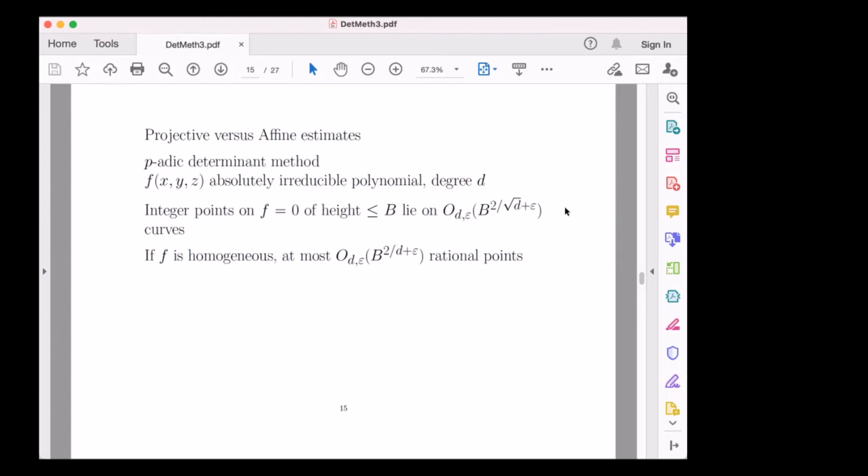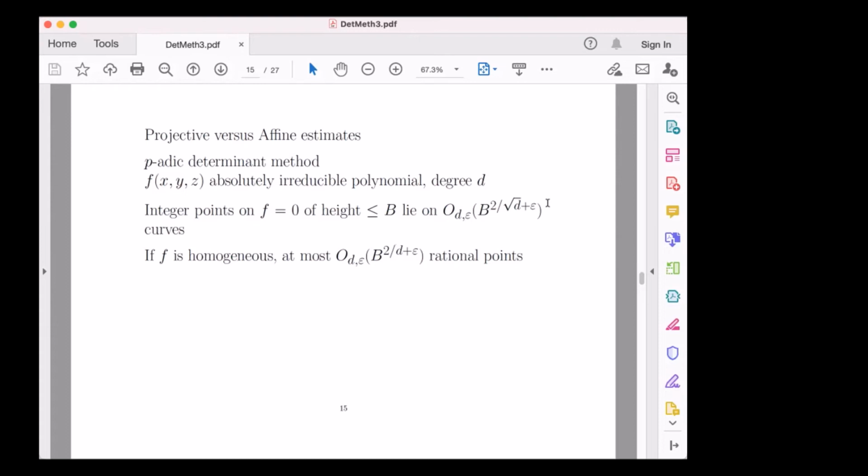So just comparing these 2 results, you can see that we get better results viewing the thing as a projective curve than we would as an affine surface.